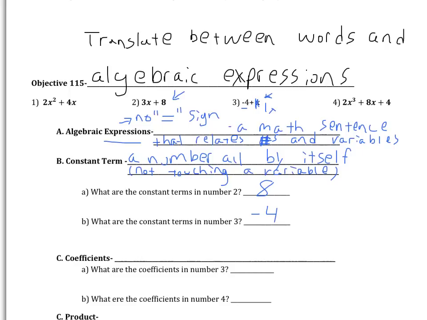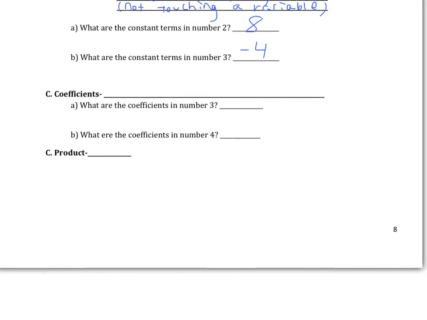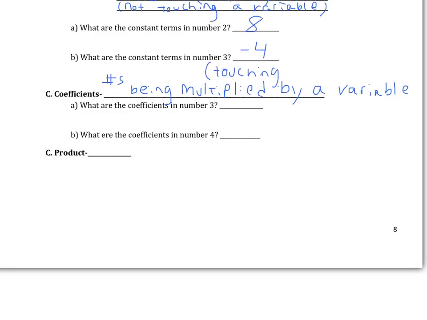All right, let's go over what coefficients are. Coefficients are numbers being multiplied by a variable. And we know that if it's being multiplied, most of the time it's going to be just touching that variable.